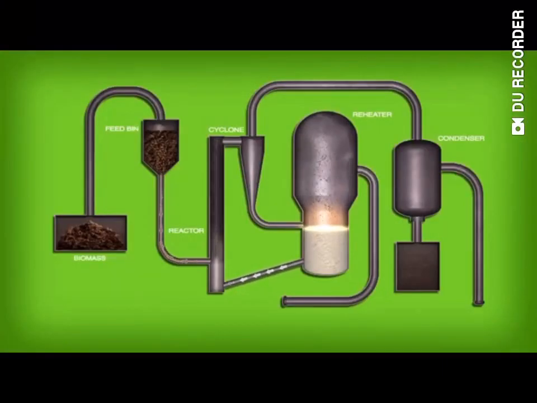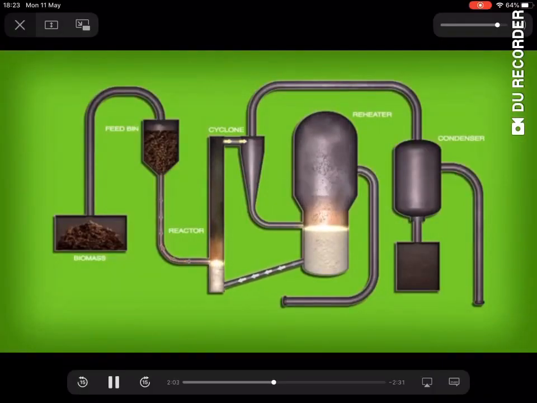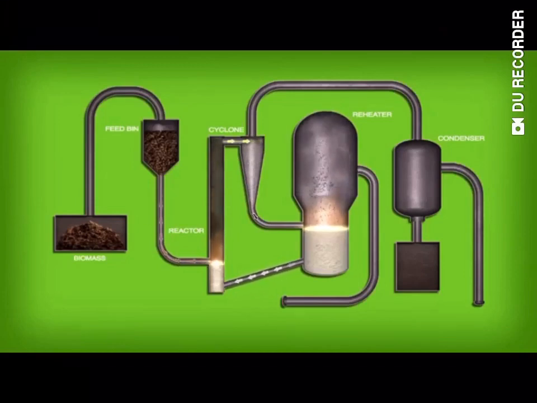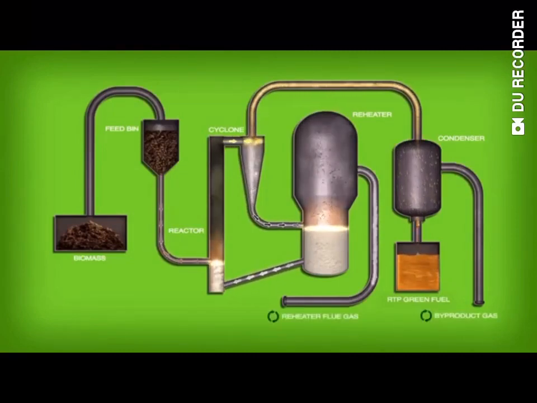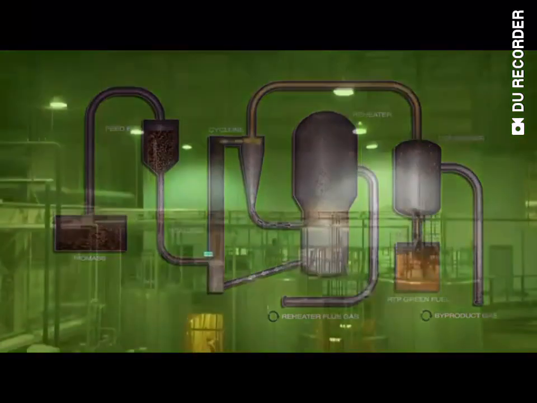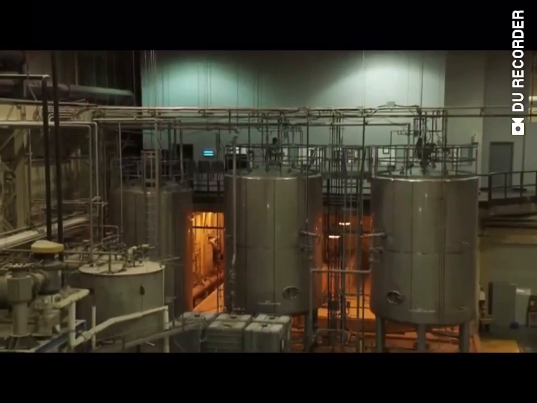This feedstock is rapidly heated in the absence of oxygen by a tornado of hot sand. The biomass is vaporized, then cooled, yielding RTP green fuel, all in less than 2 seconds. RTP also yields char and gases which are returned to the unit and used for heat generation, making the process virtually self-sustaining. RTP green fuel can be used immediately.